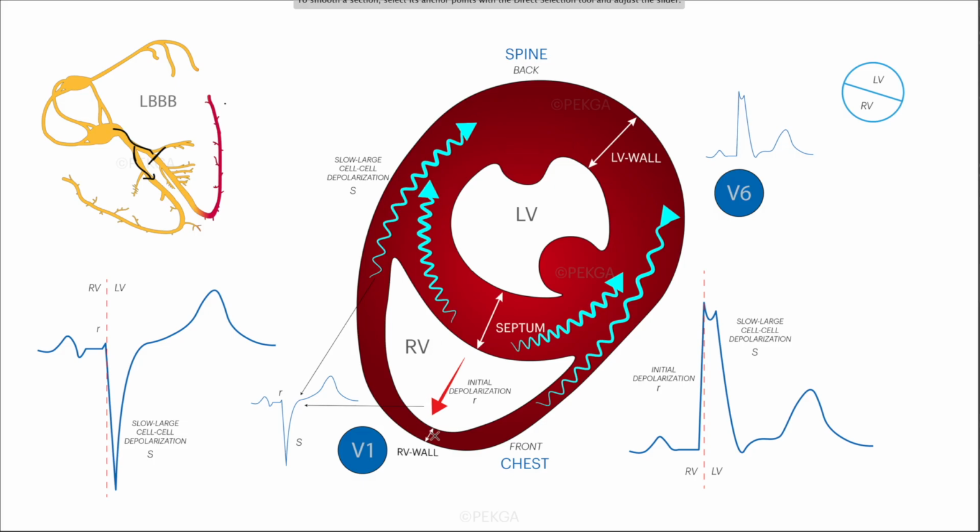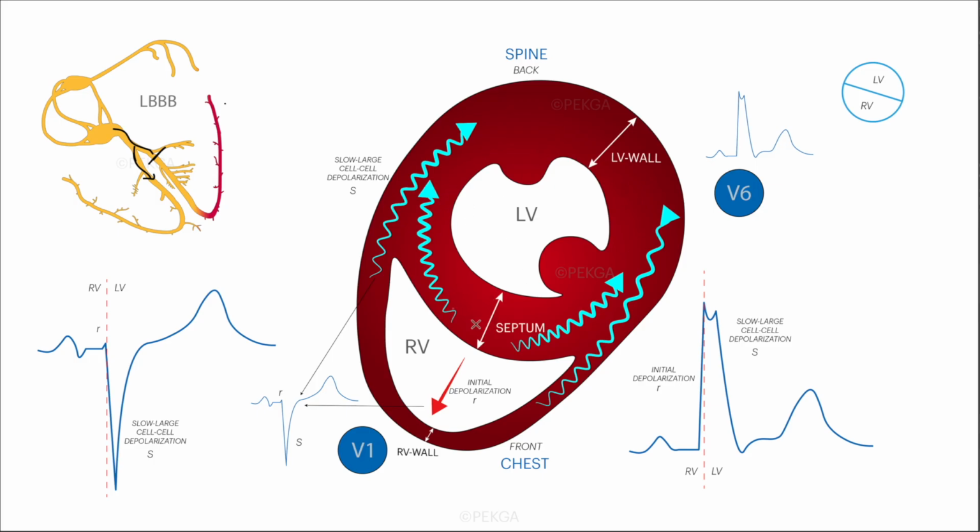And what happens is the signal quickly enters all of the right bundle. And because the signal got blocked here in the highway system, the His-Purkinje system, the signal travels from the right ventricle, cell to cell, into the left ventricle.